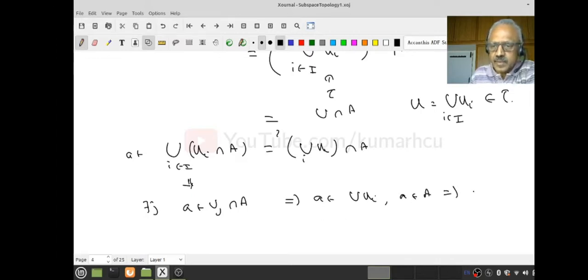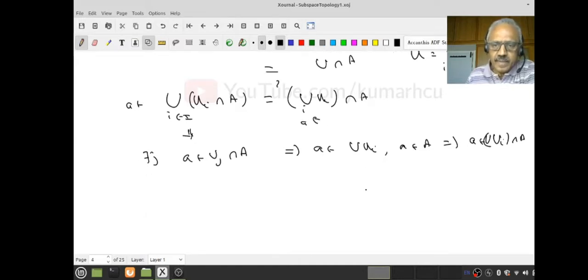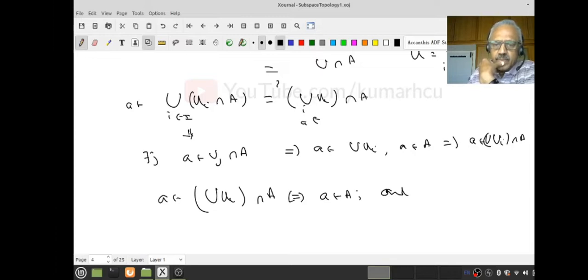This means a belongs to union U_i intersection with A. Therefore, a belongs to this side. And conversely, if a belongs to union U_i intersection A, remember, this means a is in A, of course, and a is in union U_i.